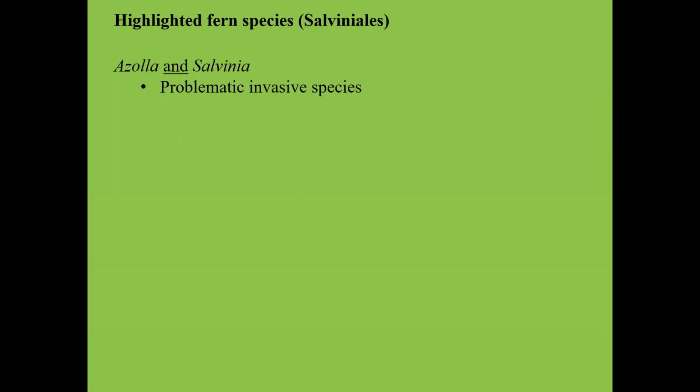We're still in Salviniales here. Both Azolla, or the duckweed, and the Salvinia, the water moss, are problematic invasive species. And I just want to make clear here, because sometimes it annoys me.